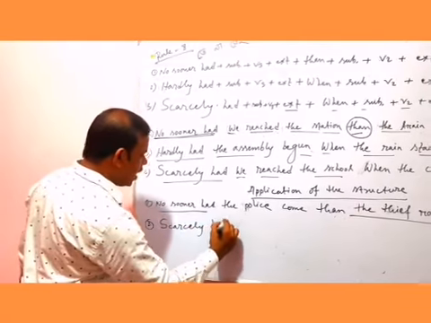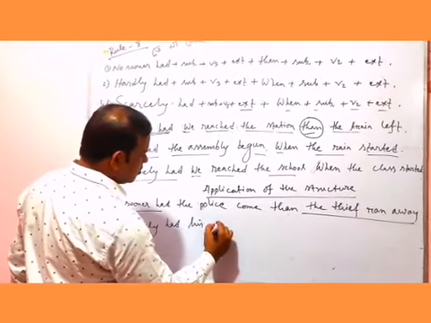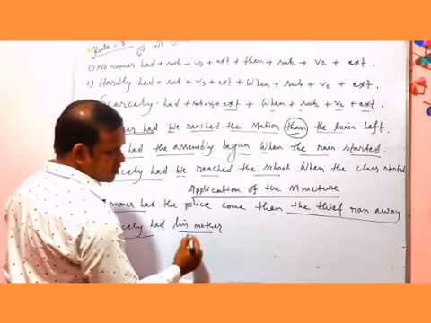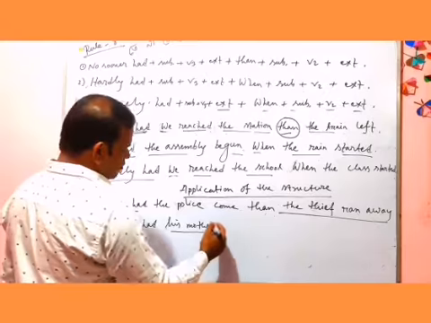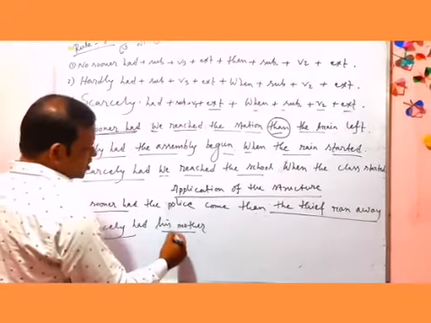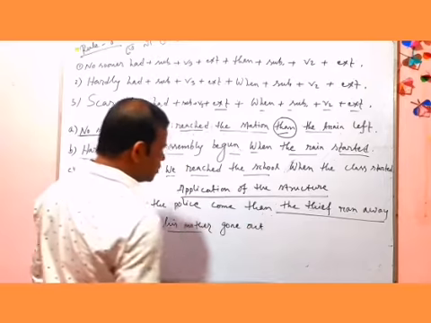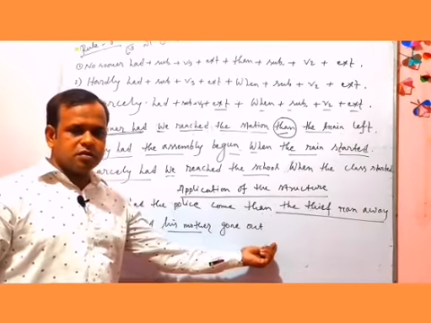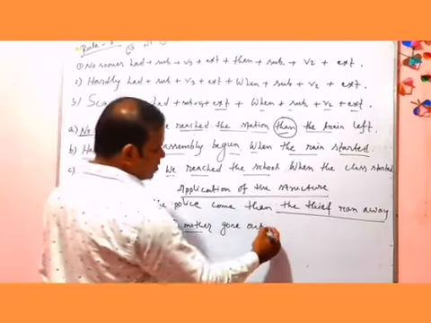Another example, please notice. Scarcely had his mother gone out. Scarcely had his mother is the subject, and you have to write the past participle of the verb. What will be here, please? Can you guess? Think yourself and check your answer with me.